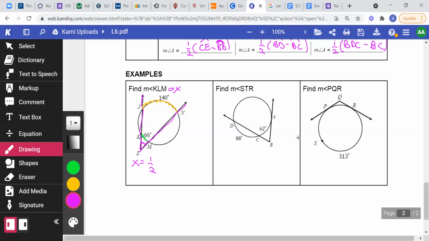The big one is 140, and the small one is 66. When you do 140 minus 66, it gives you 74. And what is half of 74? 37. Yeah, 37.